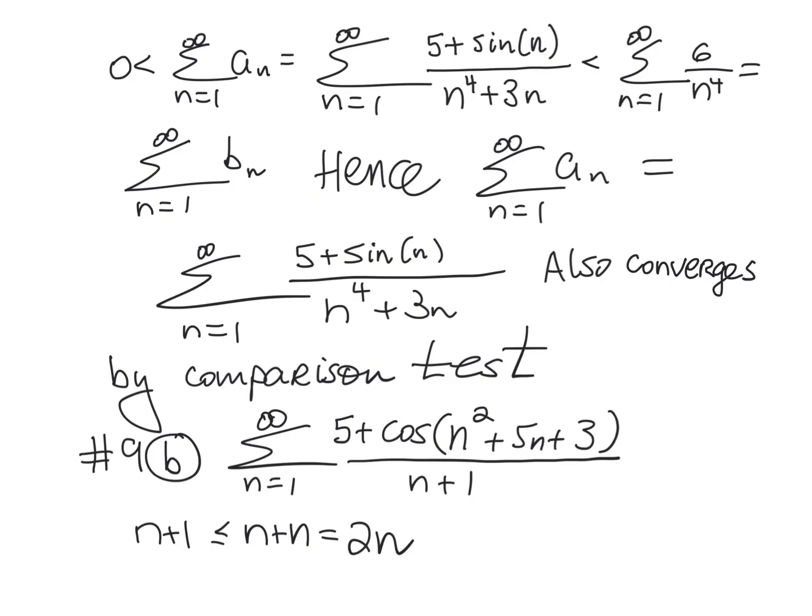So n plus 1 is always less than or equal to 2n, and therefore 1 over n plus 1 is greater than or equal to 1 over 2n. That's the key to solving this problem. So we're going to multiply both sides by the numerator 5 plus cosine of n squared plus 5n plus 3.